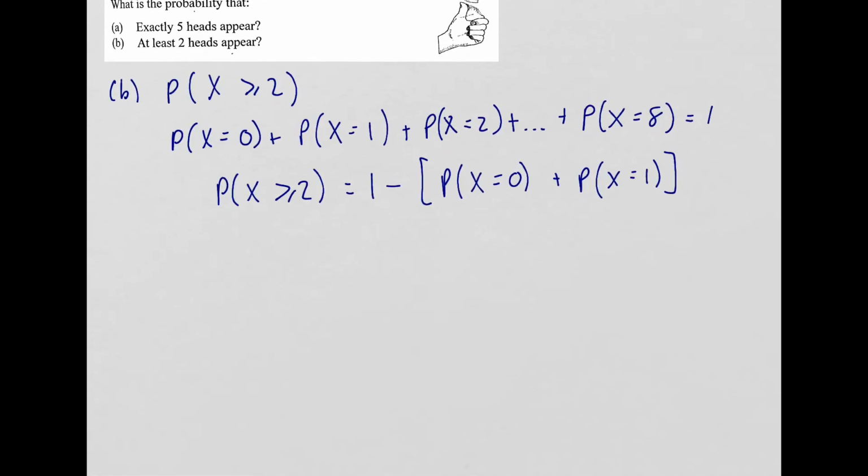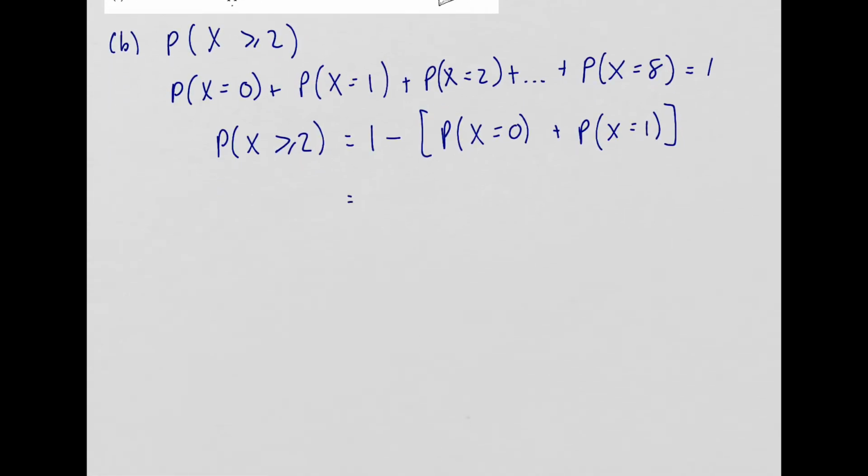Right, so developing that further, we can then substitute the actual values. So the probability that x is 0 will be 8 choose 0 times 2/3 to the power of 0, because there are no heads in this case, times 1/3 to the power of 8. In other words, they're all not heads, they're all tails.